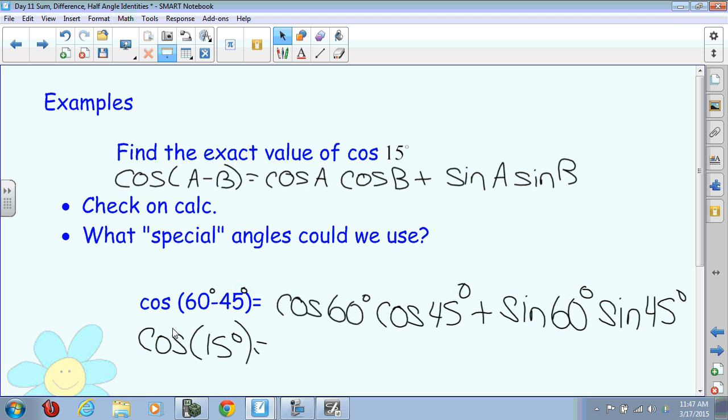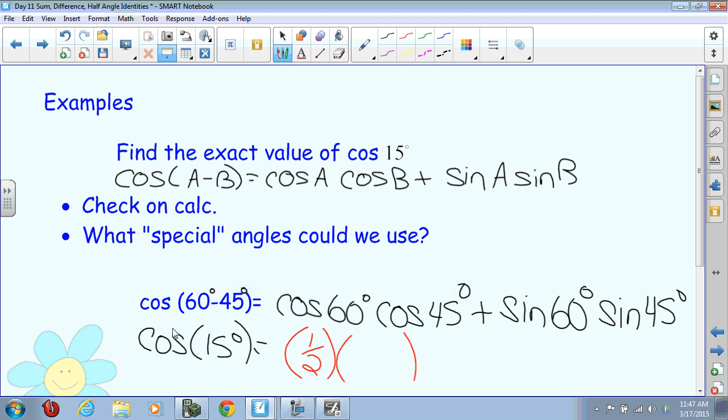Now you just take your handy dandy calculators and you do each calculation. So Ian, what's the cosine of 60? 1/2. You got it. So this is going to be one half. And cosine of 45, Carly. We need exact values.